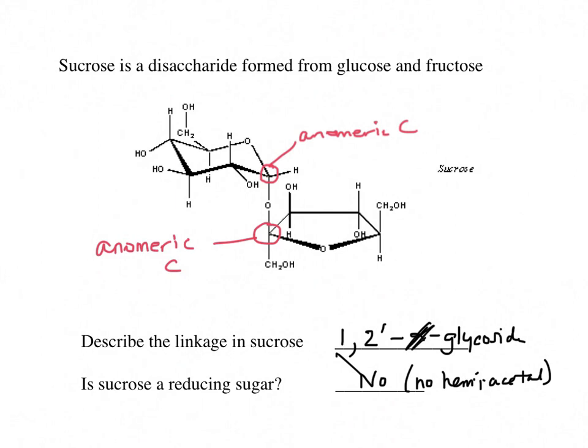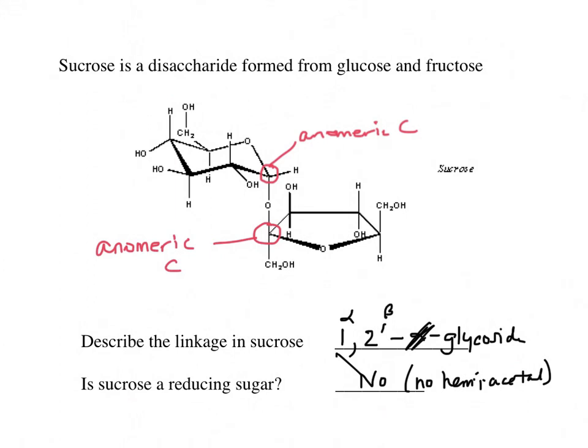It's a 1,2 prime glycoside, or both. I haven't seen it with both. They teach us. Yeah, do they teach you just to put both? Okay. Yeah, that would work. So you would put 1 and 2 prime, alpha, beta, glycoside. That makes sense. You specify both.